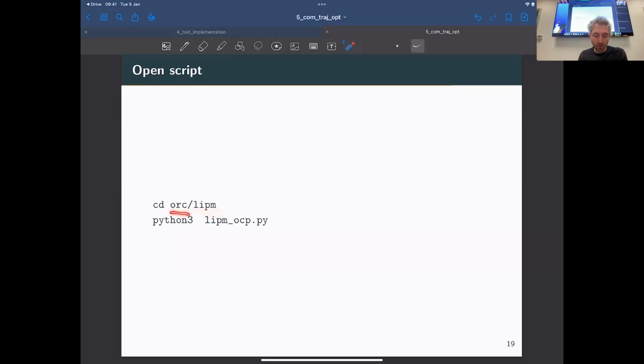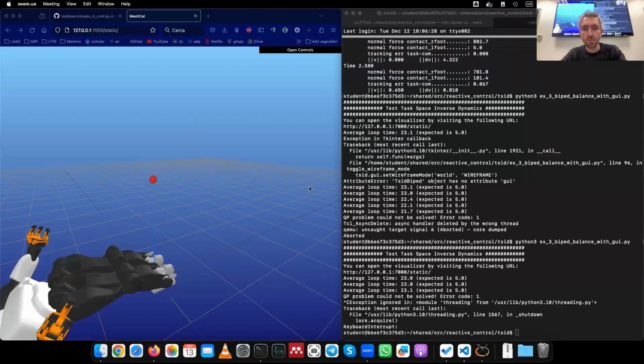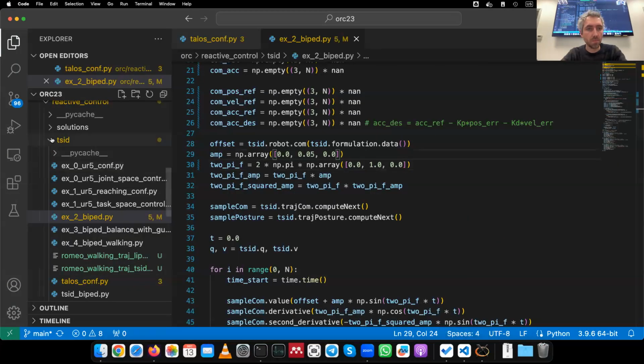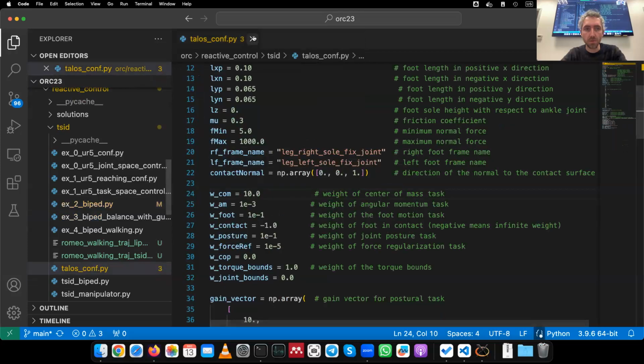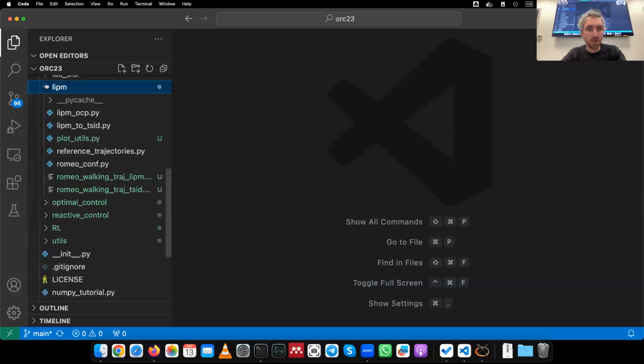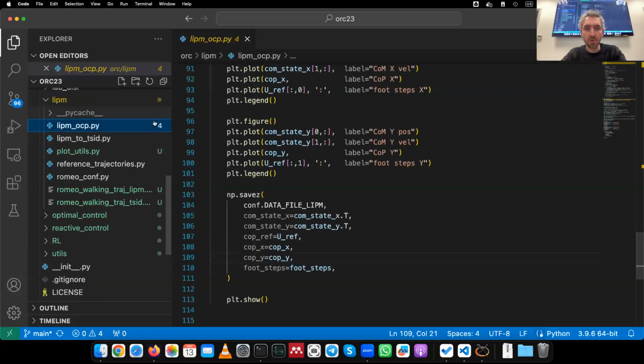There is a folder called LIPM, and we can open this file called LIPM_OCP to see how I implemented this trajectory optimization problem. So let me close this. And let me open LIPM OCP.